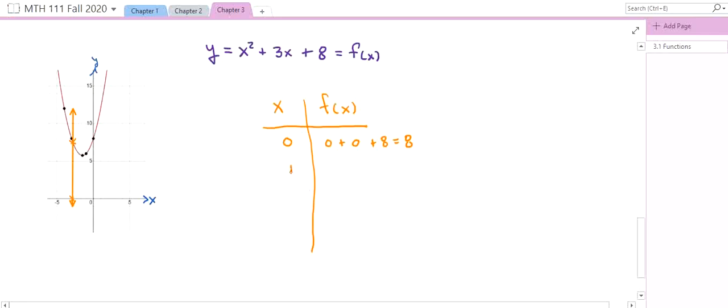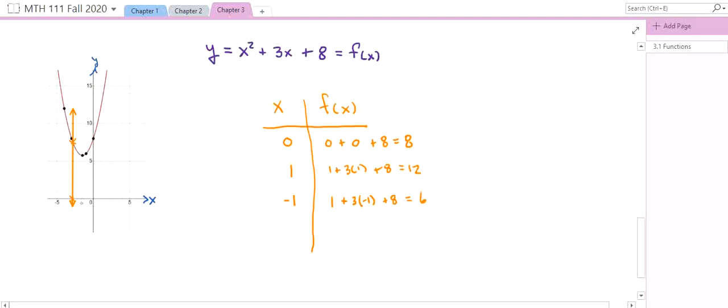When x is 1, for example, y is 1 plus 3 times 1 plus 8, which is 12. Let's do negative 1. When x is negative 1, y is 1 plus 3 times minus 1 plus 8, or 8 minus 3 is 5, plus 1 is 6, so on and so forth.